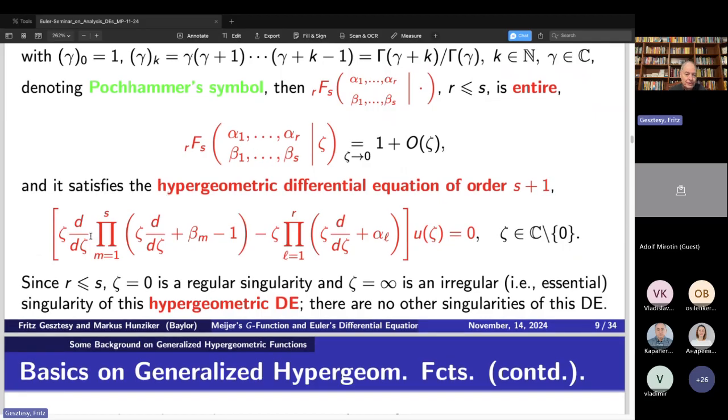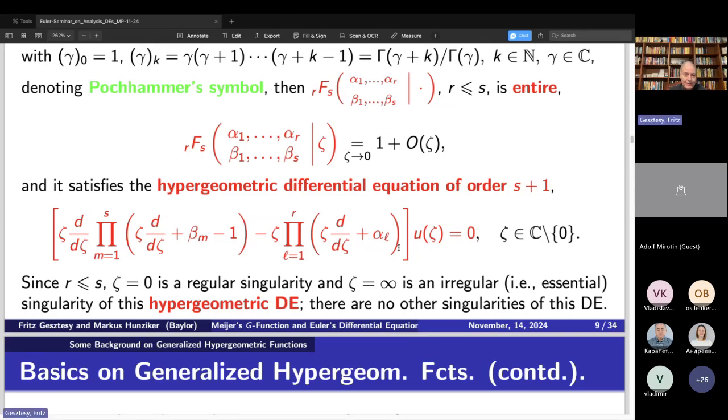You can see that there is a zeta d by d zeta without a parameter, or you could say that beta 0 was chosen to be 1 here. And then you have the alphas under this product. Anyway, this is the differential equation that this function F_RS, so this generalized hypergeometric function, satisfies under the assumption that R is less or equal to S.